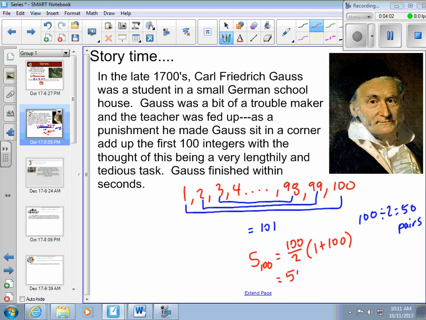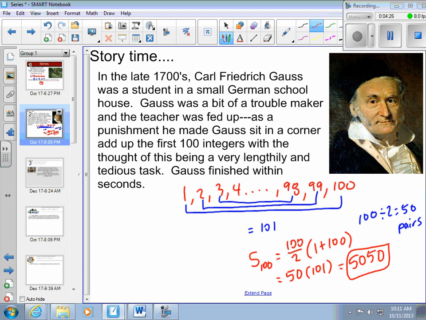So you've got 50 pairs of numbers, all adding up to 101, and if you multiply that out, he got a total of 5,050 relatively quickly without having to add up all the numbers. So he did it by using a pattern, and his teacher probably wasn't too happy with him, but he came up with a creative way of doing this.